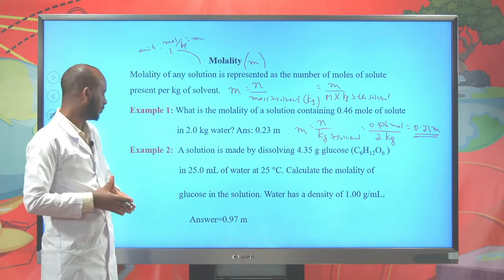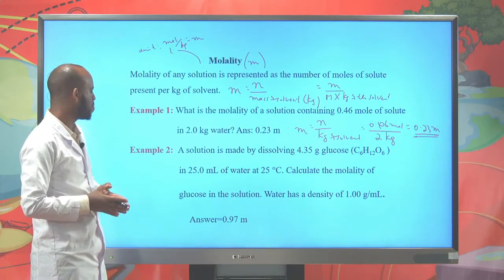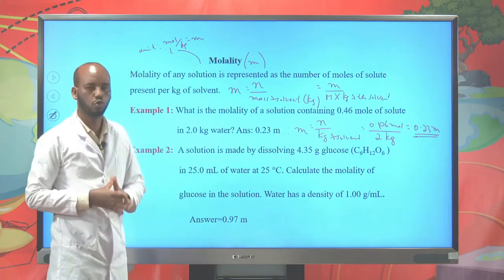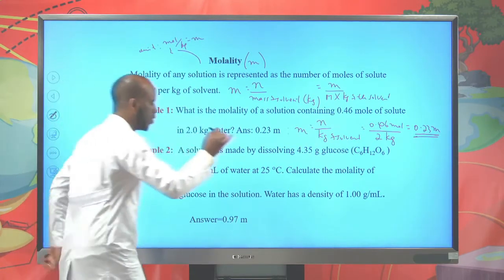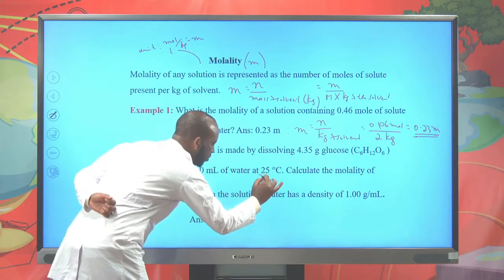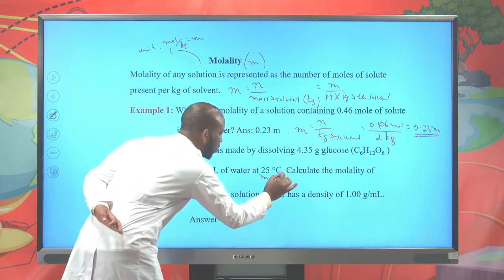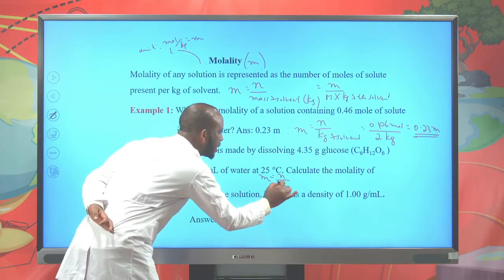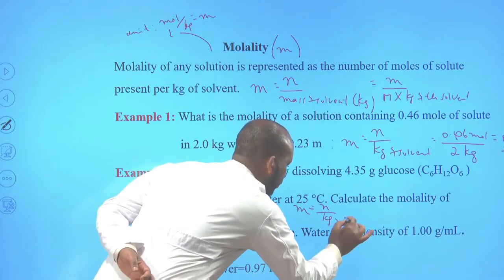You are asked to calculate molality of this solution. Molality equals number of moles of solute divided by kilogram of solvent.